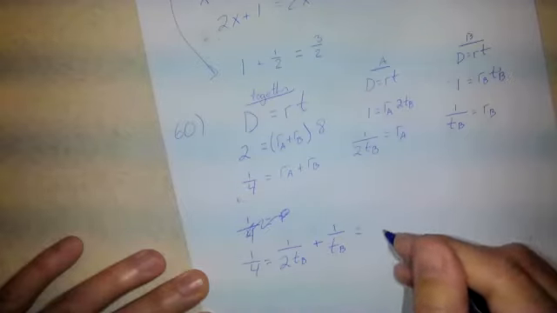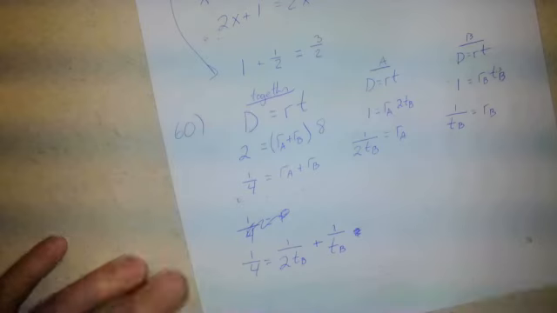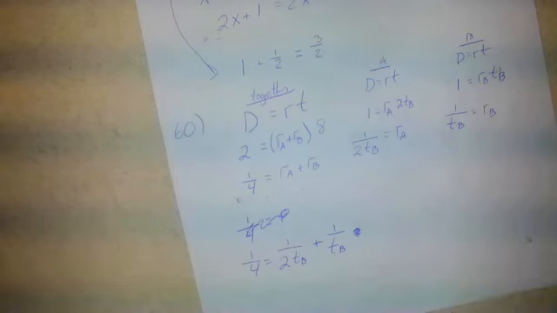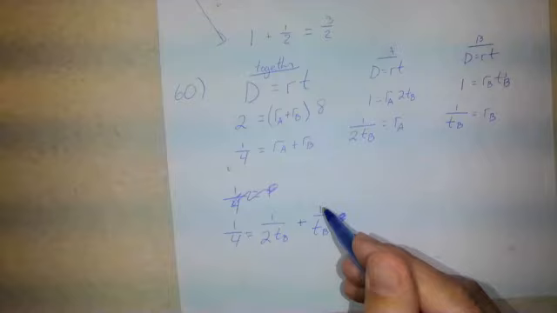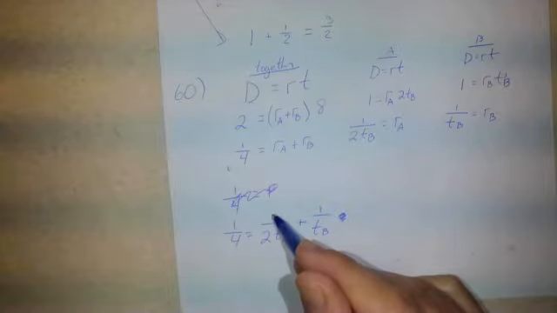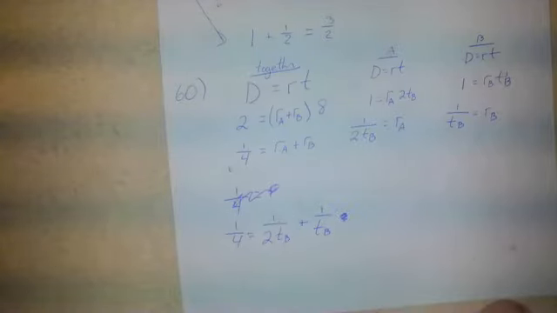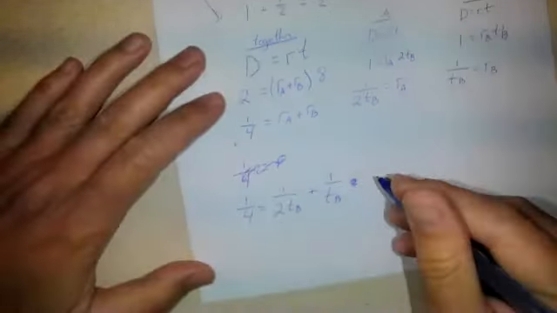I can find a common denominator here. I can multiply this guy by 2/2. You can technically multiply this guy by 1/2 over 1/2, but tomato, tomato.